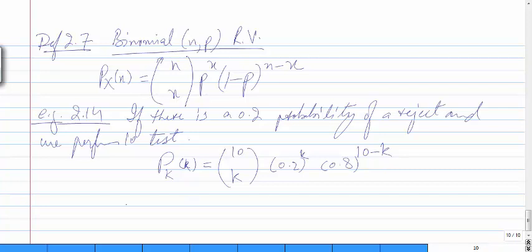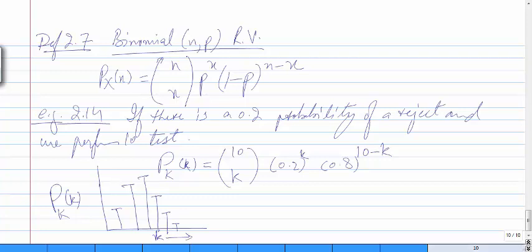Okay, if I draw the PMF for this one, it looks something like this, where this is small k.